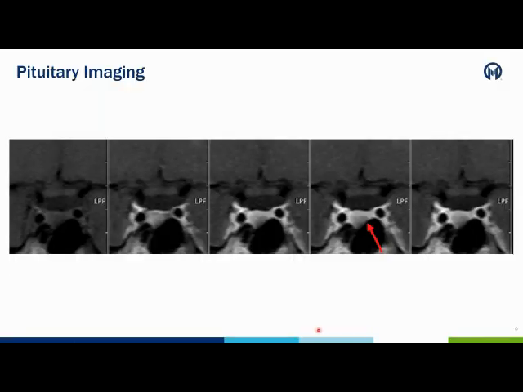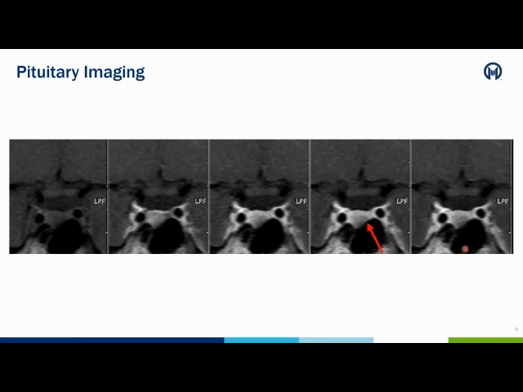Pituitary imaging, and we're referring to an MRI with and without contrast that's focused on the pituitary gland, has dramatically improved the diagnosis of small lesions in the pituitary gland. More importantly, dynamic contrast-enhanced protocols have also increased the sensitivity and improved the diagnosis of small lesions from 60% to 80%.